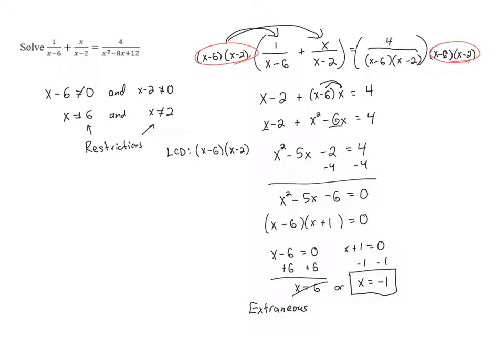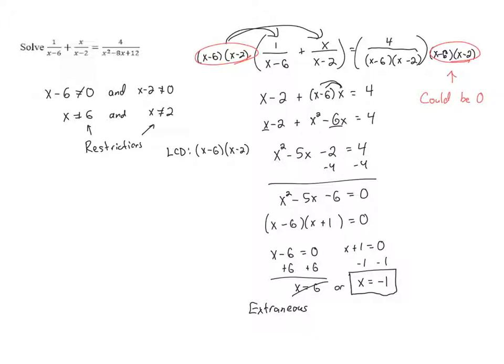It's a word you heard once several months ago, and this is the key to everything. We know that if we multiply both sides of an equation by 0, that ends up making both sides equal to 0, and we've basically lost all the information we originally had. Well, in this problem, when we multiply both sides by x minus 6 times x minus 2, technically this thing that we're multiplying by could be 0.